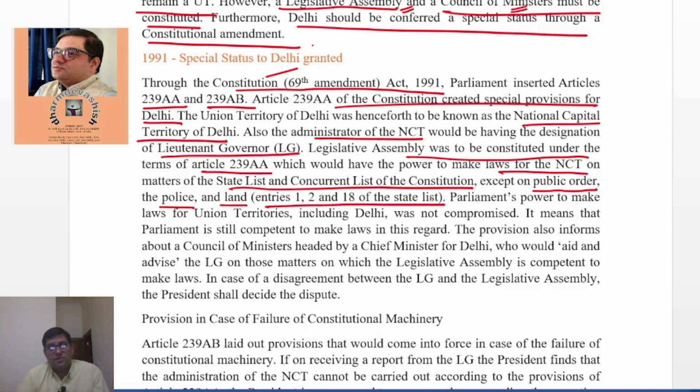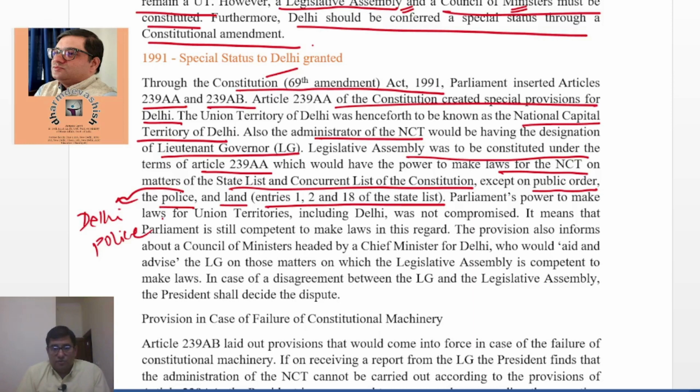These are entries number 1, 2 and 18 of the state list. Meaning thereby, what would be the practical implication of this provision? The practical implication is that Delhi police is not under the control of the Delhi government.